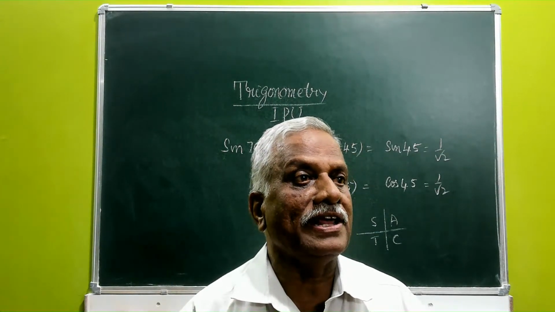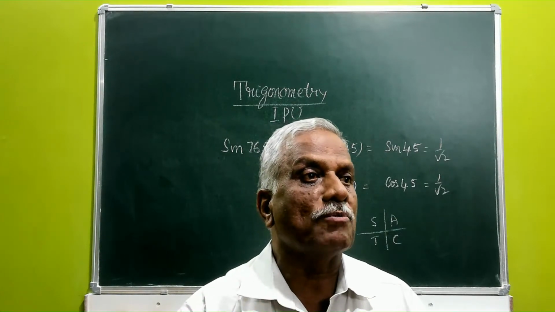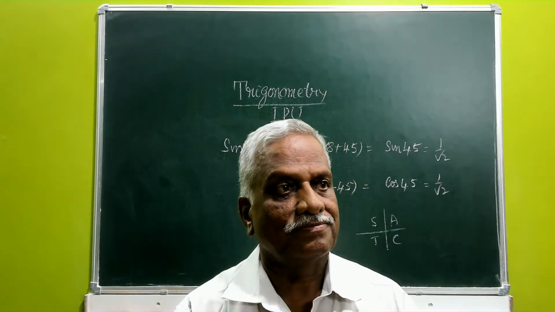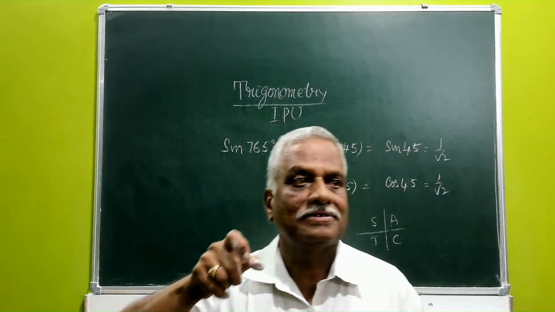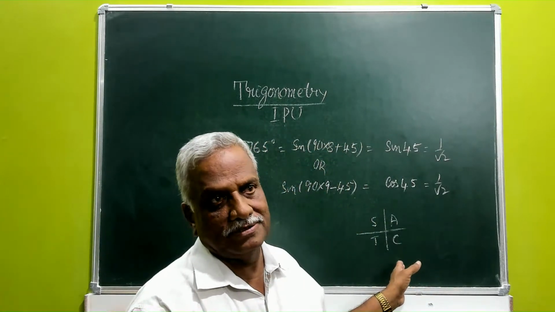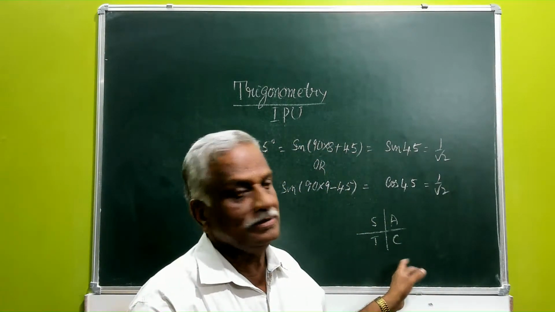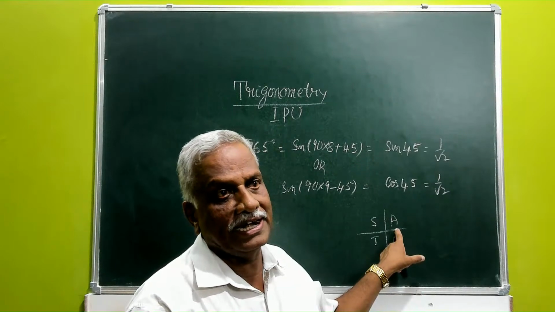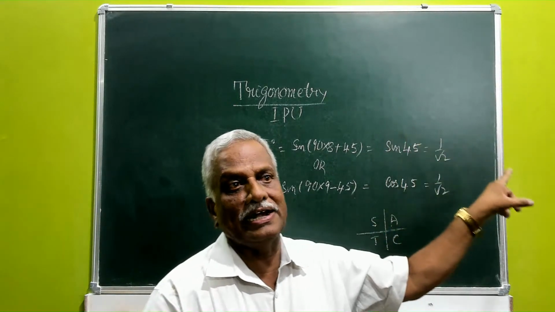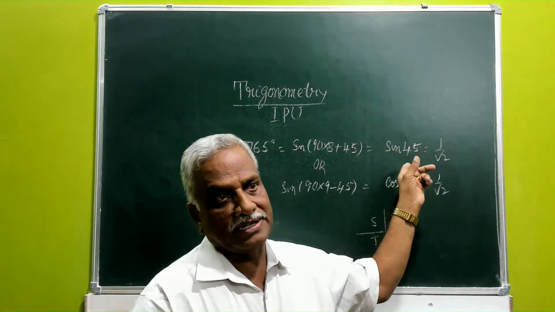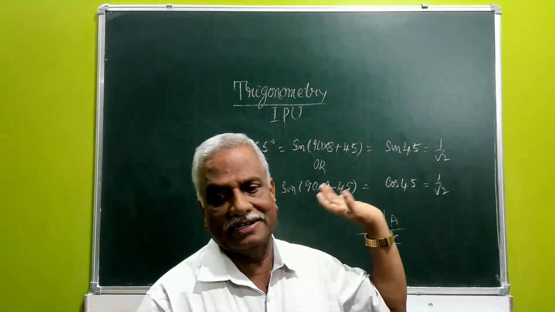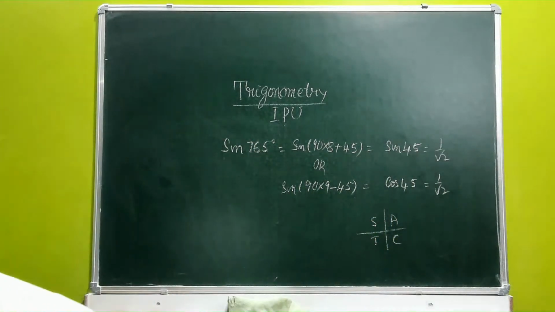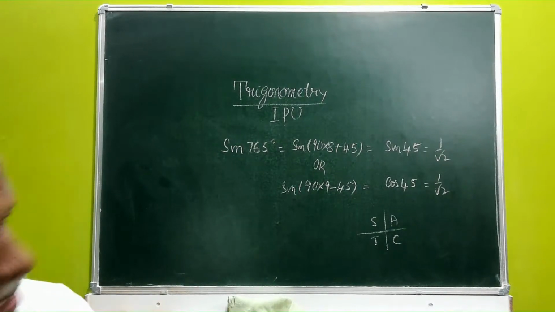Even multiple of 90 plus or minus theta, trigonometric function will not change. Afterwards, you should write the sign. For sign, you should use this simple technique: one round is 90 into 4, second round is 90 into 8, third round is 90 into 12, like that.